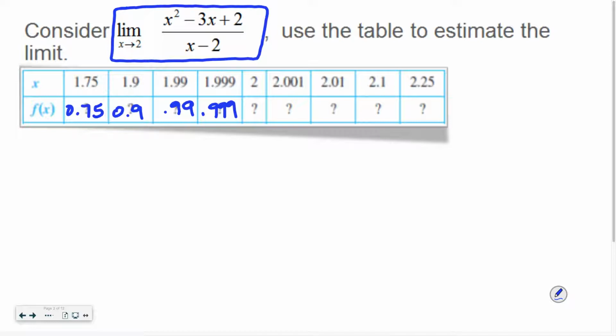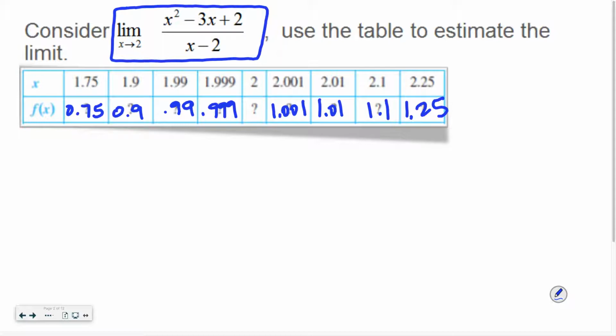Okay. 2.001. 2.01. 1.01. 2.1. And 2.25. 1.2. Okay.